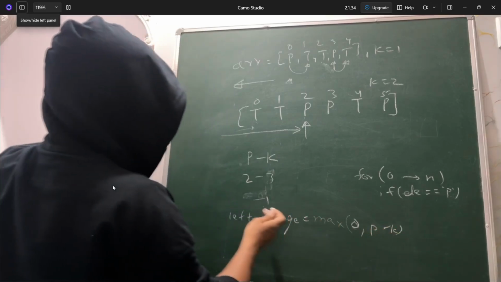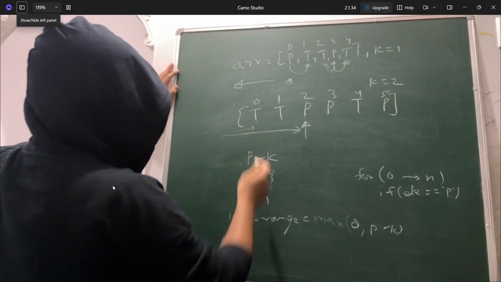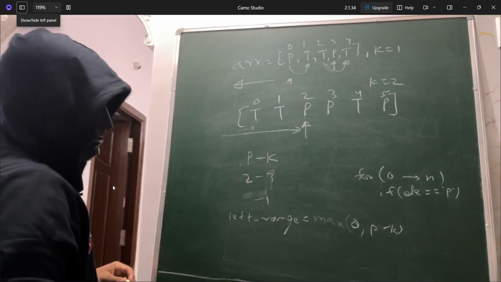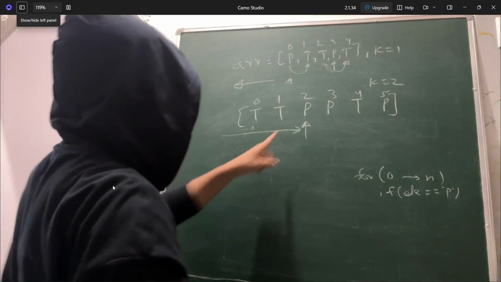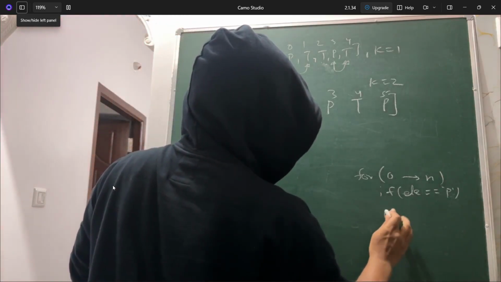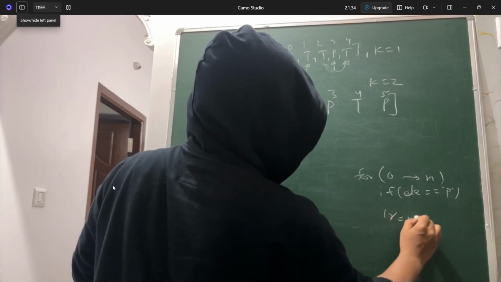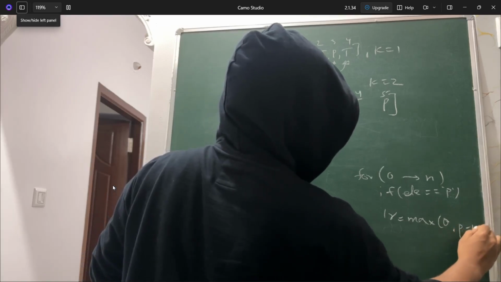This will handle the out of bound case also. If it is beyond that, we'll start from 0 only. So whenever we get the police, we'll take the left range as max of 0 comma p minus k.